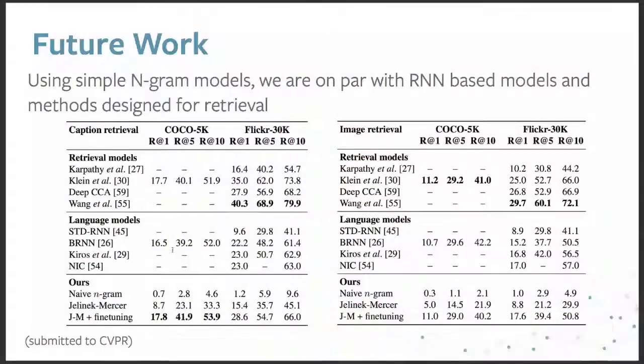What we observed is that for the task of caption retrieval or image retrieval, our model, which is purely based on n-gram prediction, gets performance often surpassing the ones based on RNNs and these types of models, and gets okay scores compared to the ones designed for this task.